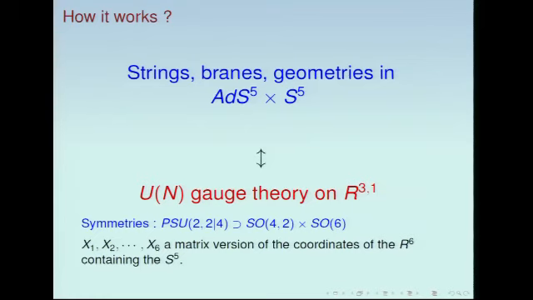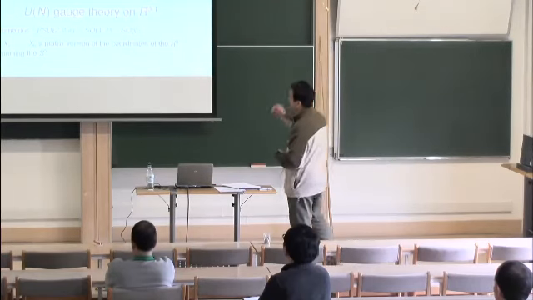So how can that happen? We want to understand how it works, and we know some of the ingredients that make it work. We have the same symmetries, for example PSU(2,2|4), which contains the conformal group, and SO(6), which is shared on both sides.